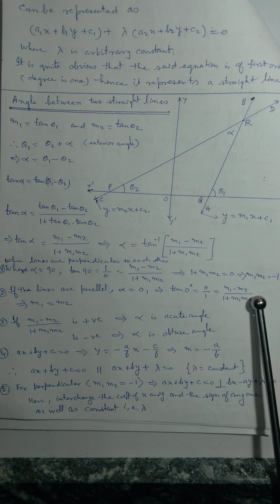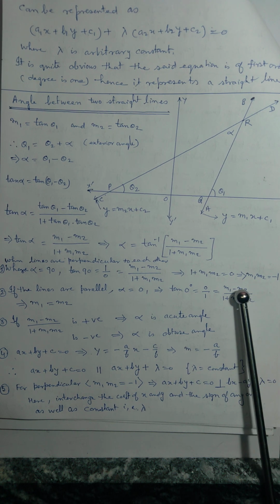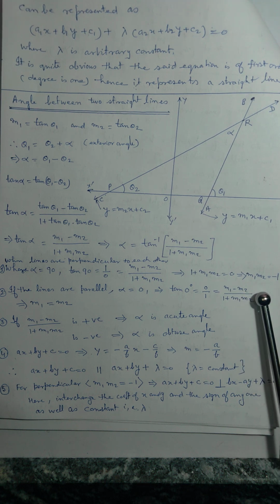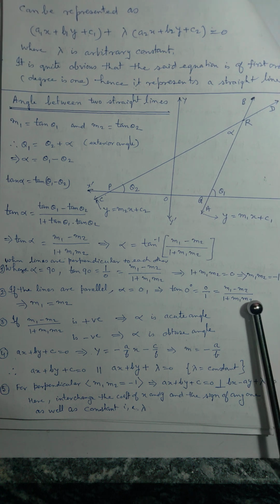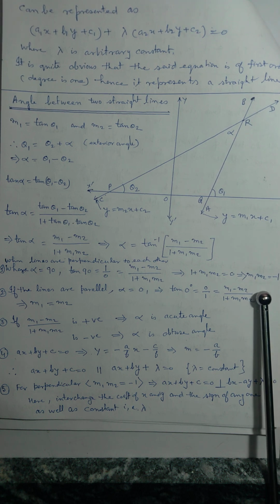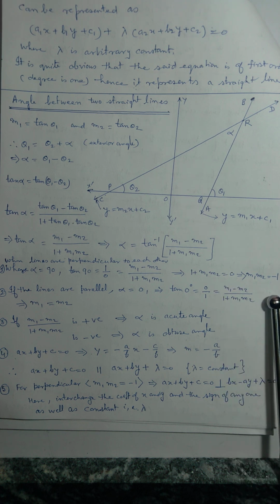So m1 into m2 is equal to minus 1. Means the product of the slopes, or gradients, of two lines meeting each other at 90 degrees should be minus 1.